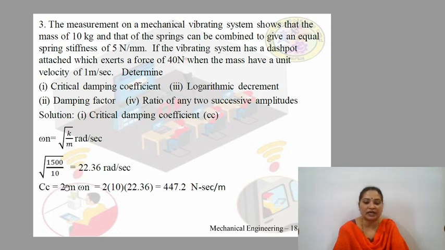Now using the value of omega n and the value of mass, we can find the critical damping coefficient Cc, which is nothing but 2 into 10 into 22.36, that is 447.2 Newton second per meter.